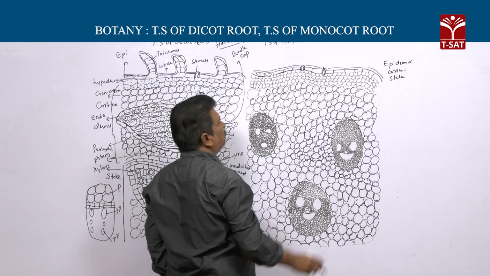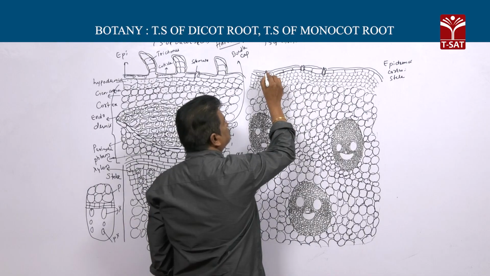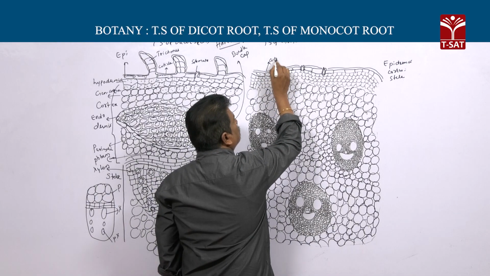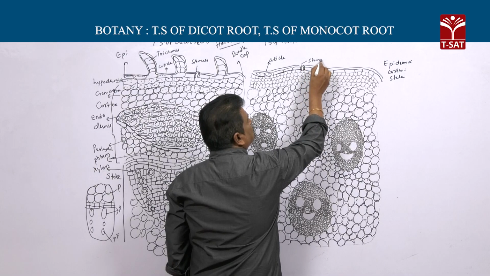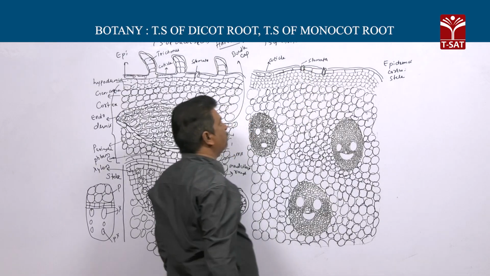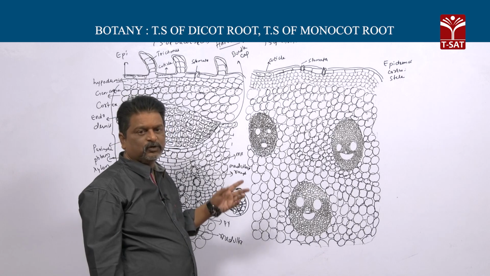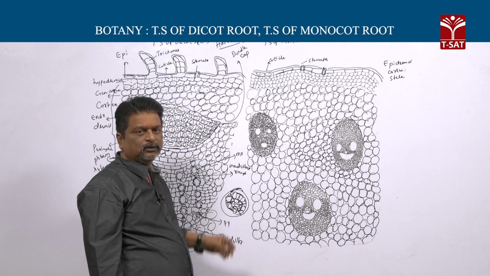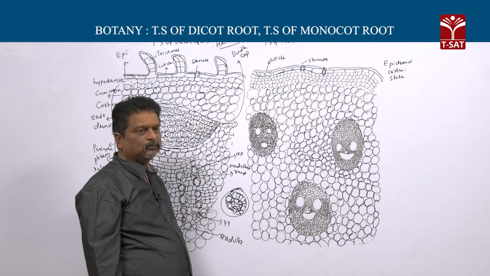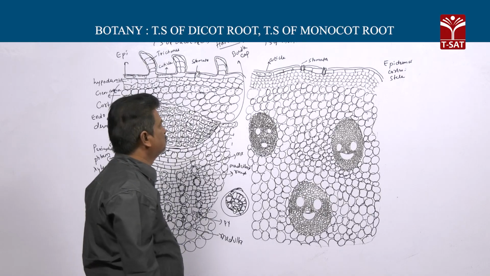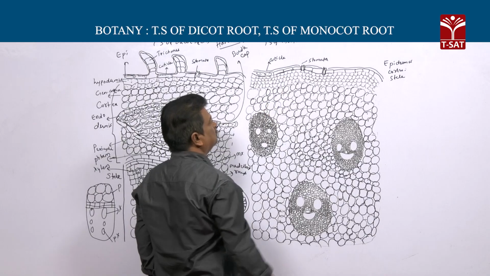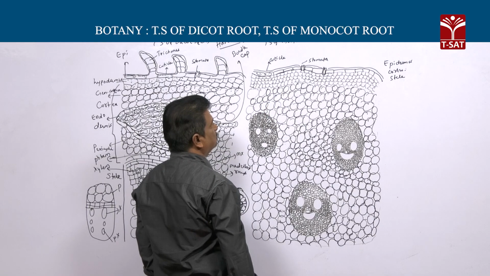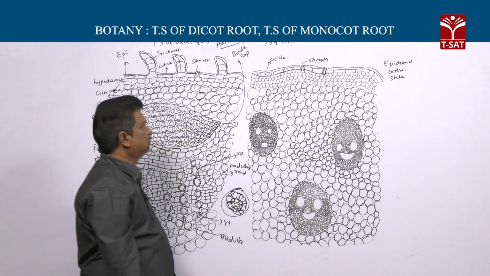Then this epidermis is surrounded by cuticle, and it also contains stomata. The function of stomata is to help in respiration and also transpiration. The function of cuticle is to reduce transpiration.